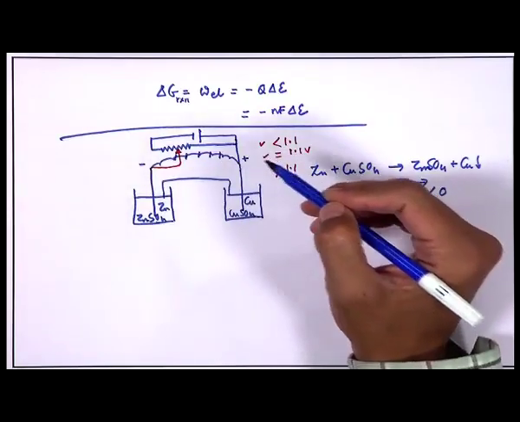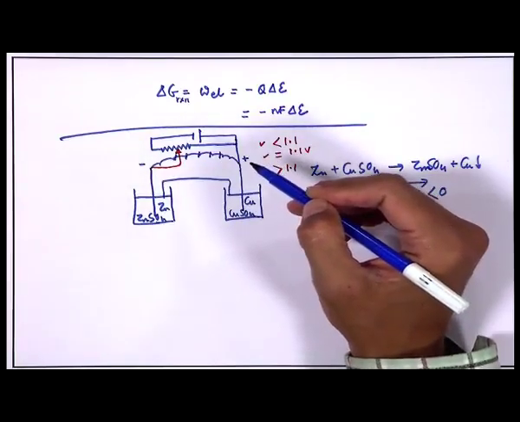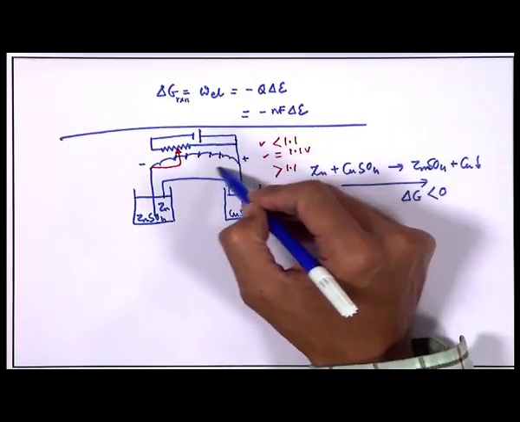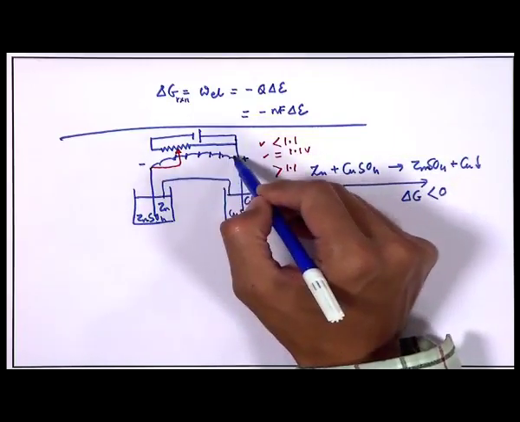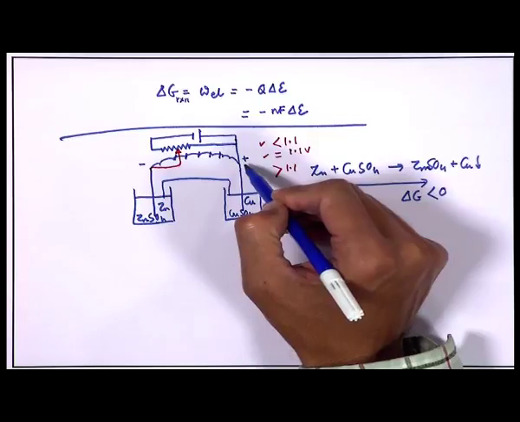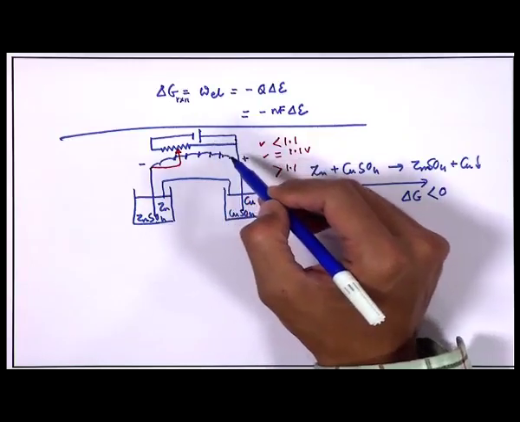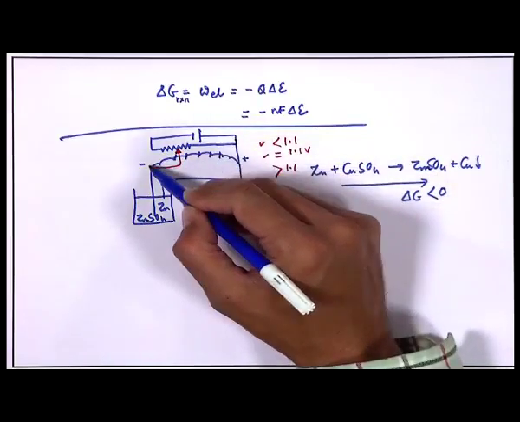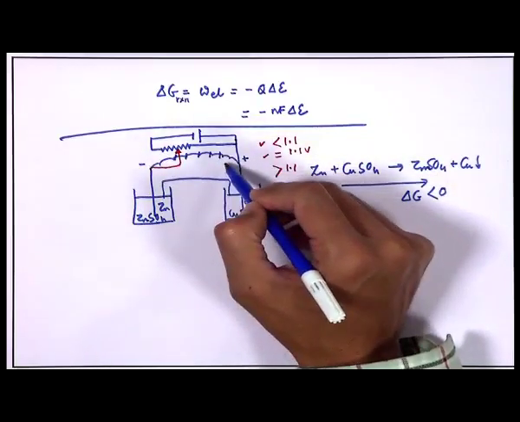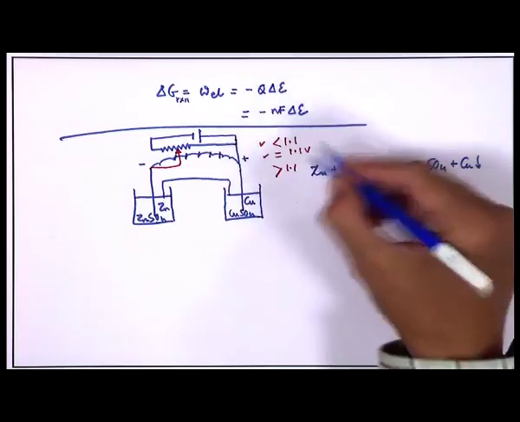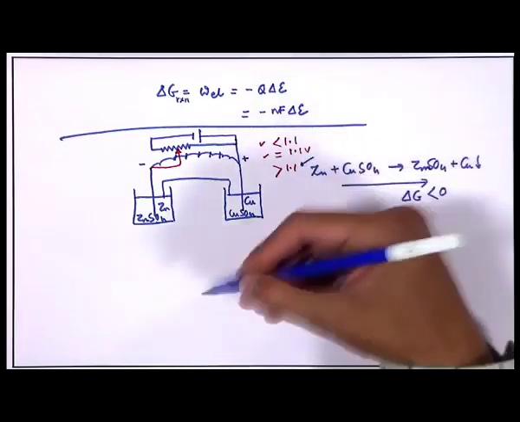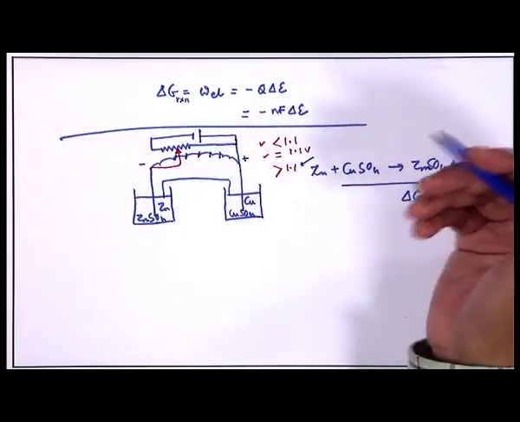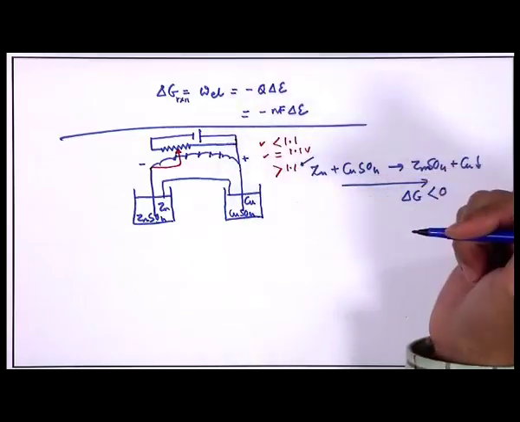Then electrons will flow in this direction and current will flow in the other direction, because originally, if this biasing was not there, current would have flowed from this to this, and electrons from here to here. But if it is reversely biased, then current will flow in the other direction.